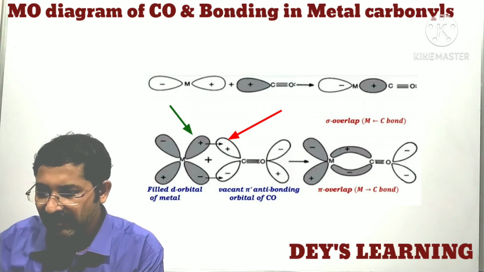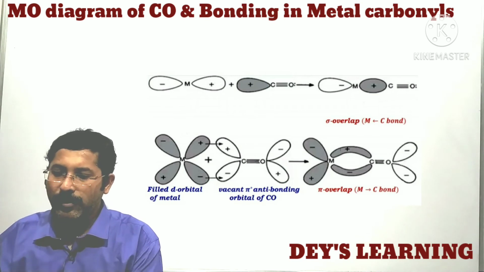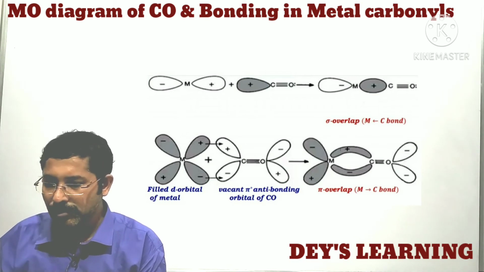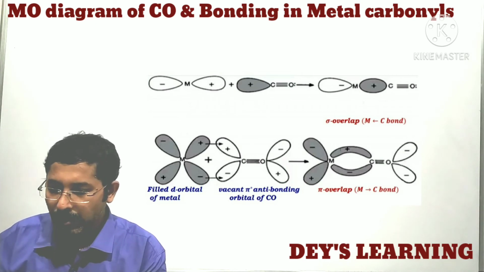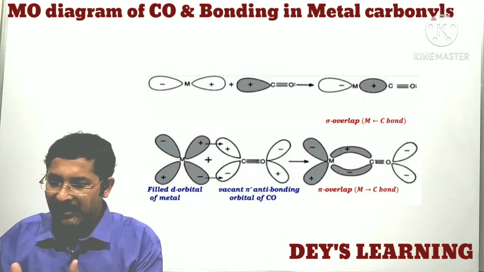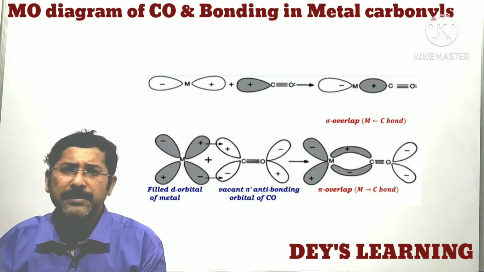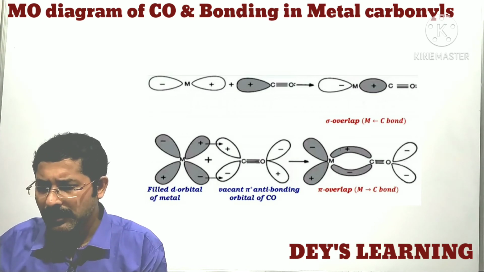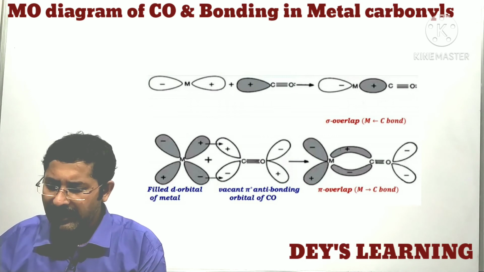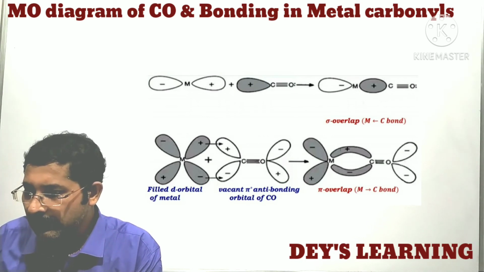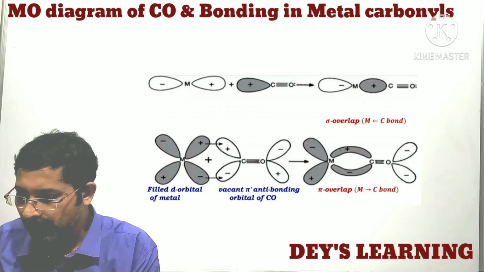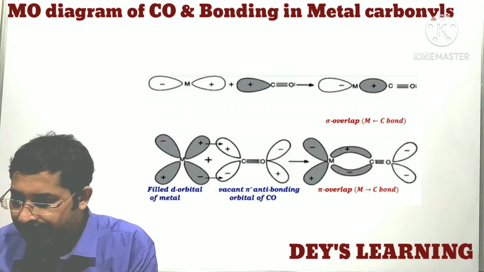So the synergic effect, the two types of bonds, can be explained by these two diagrams also, and as I have told earlier, this synergic bonding has many applications. It can explain many properties of carbon monoxide where a metal carbon bond is present.